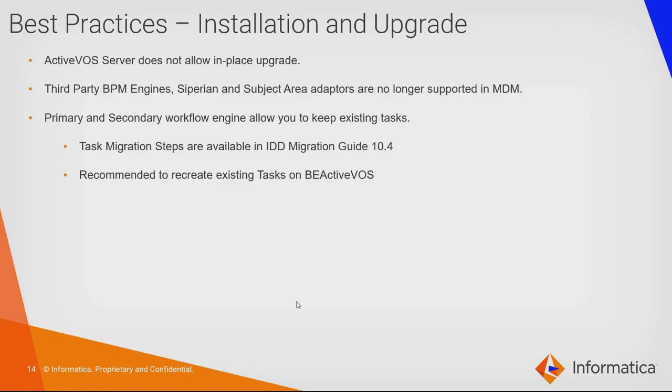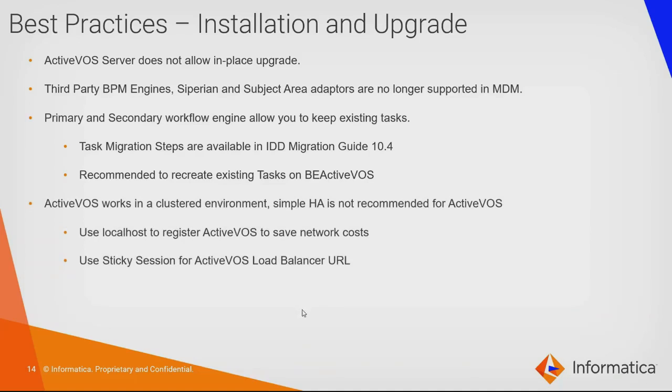But you can continue to access your human tasks on the secondary workflow engine as well. It is still recommended that you recreate the existing tasks on ActiveVOS for ease of maintenance. But if you still want to migrate some of these tasks, we do have some migration steps listed in the 10.4 migration guide.